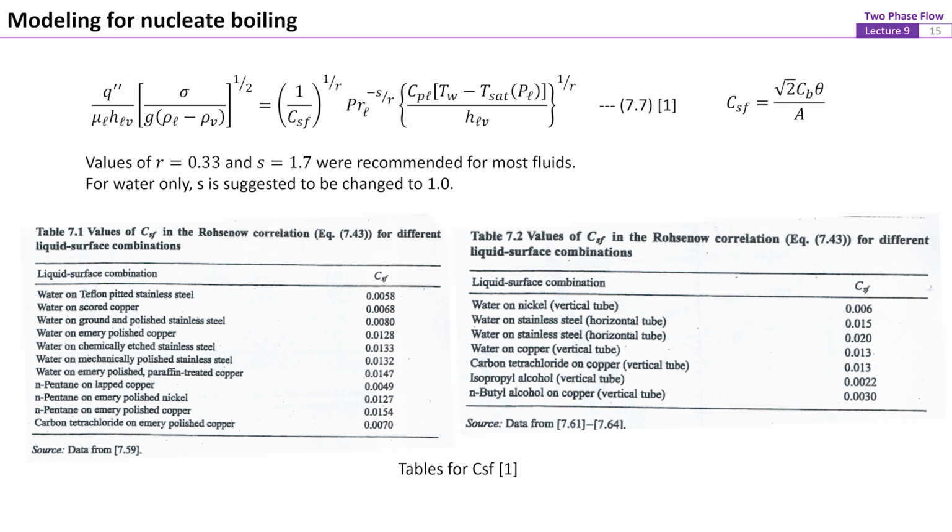Here are some values for C_sf recommended for a variety of solid to fluid combinations. Values for r and s are also suggested. For further details, please refer to the textbook.